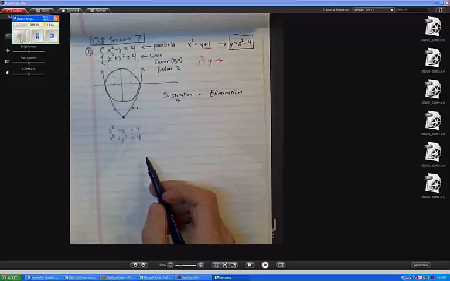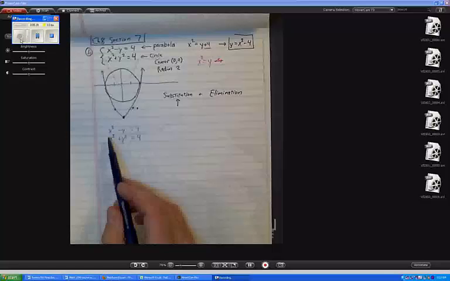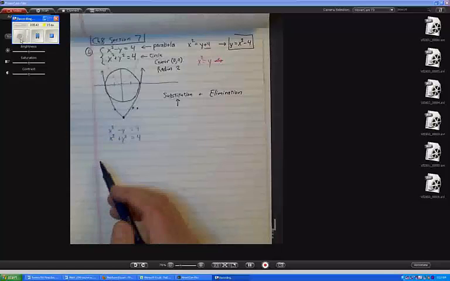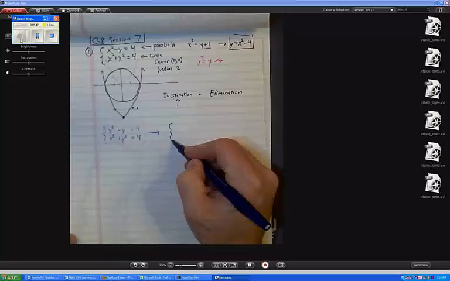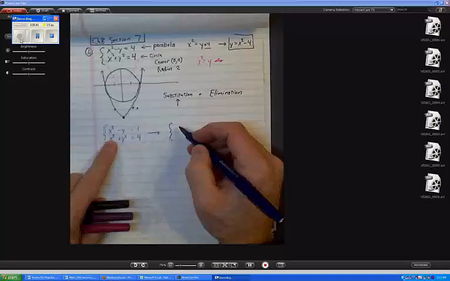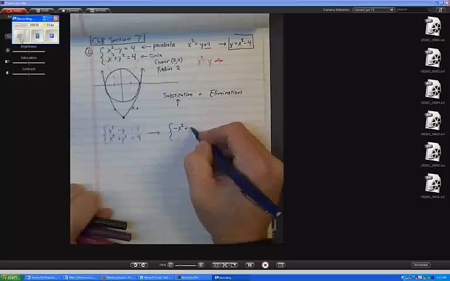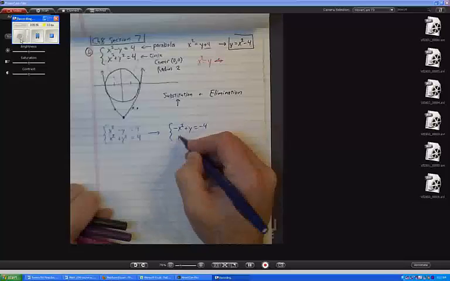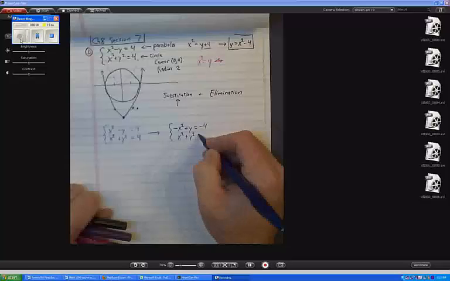I guess if I wanted to, I could multiply one of the equations, maybe the top one, by what? Negative 1. So let's rewrite the system. If we multiply the top equation by negative 1, I get negative x squared plus y is negative 4. X squared plus y squared equals 4.